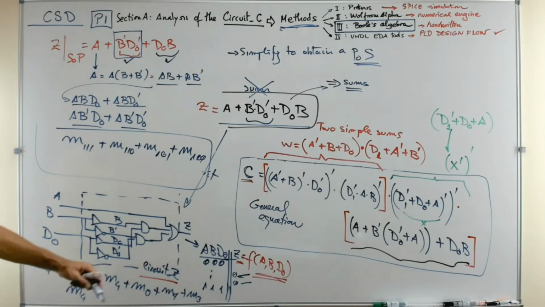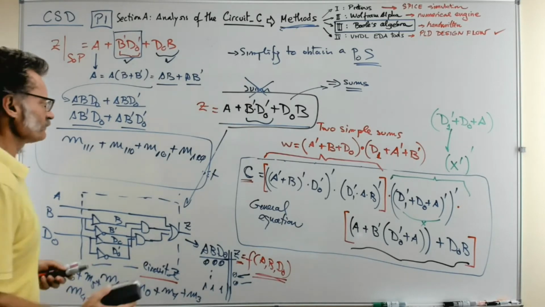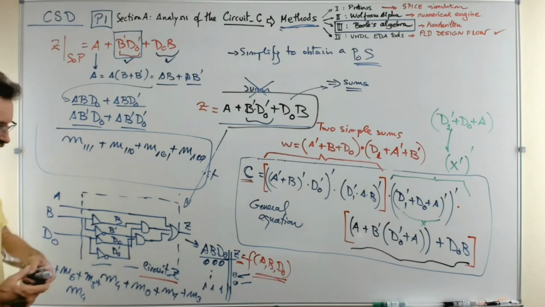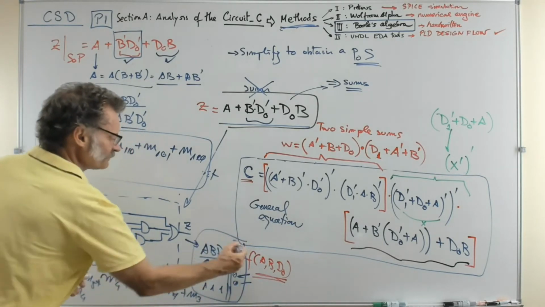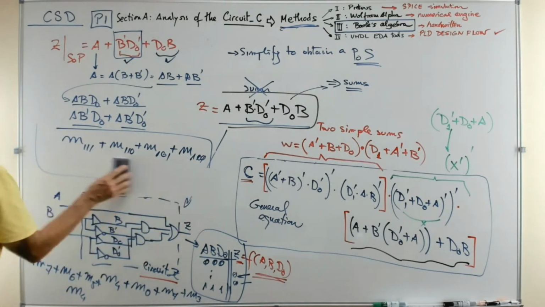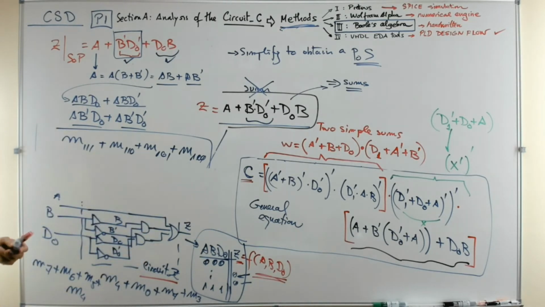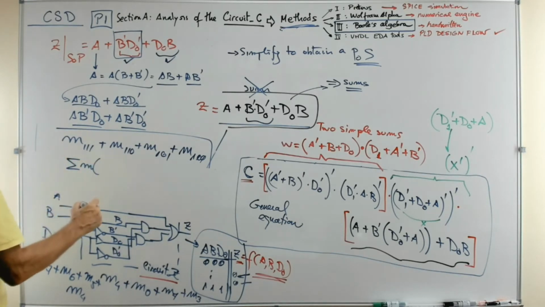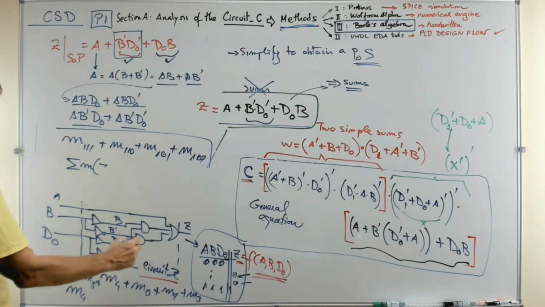You have them all now. If you like, you can annotate that as a truth table or as a sum of minterms, because what you want from this circuit basically is the sum of minterms, which is going to be the 0.